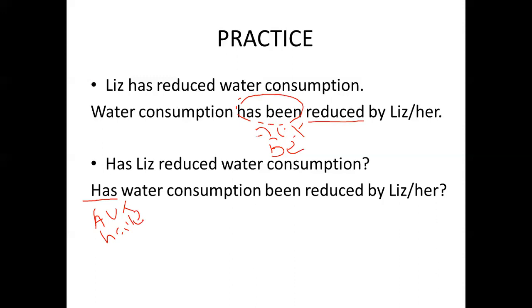Because water consumption is the object, and in this case it is singular. So "has" goes with "been". These two particles are going to be the mark of the verb to be in the present perfect tense. Here we have "reduce", the main verb in past participle. Finally, "by", the preposition, and the proper noun Liz or the object pronoun "her".